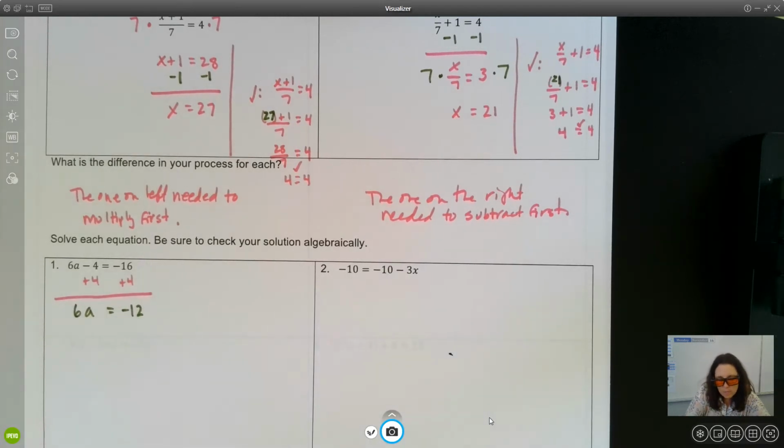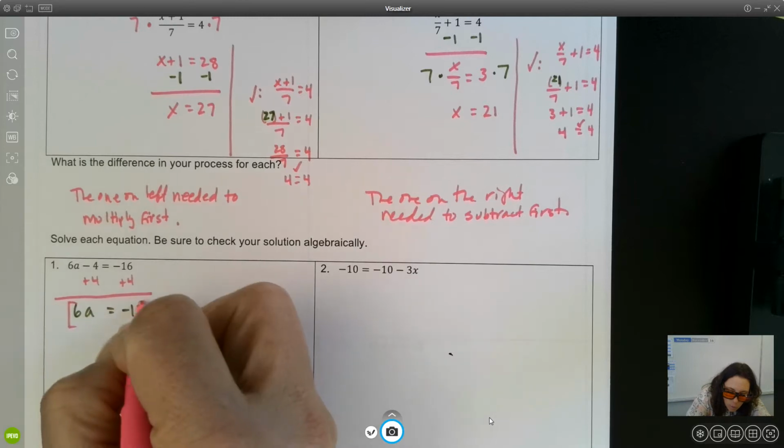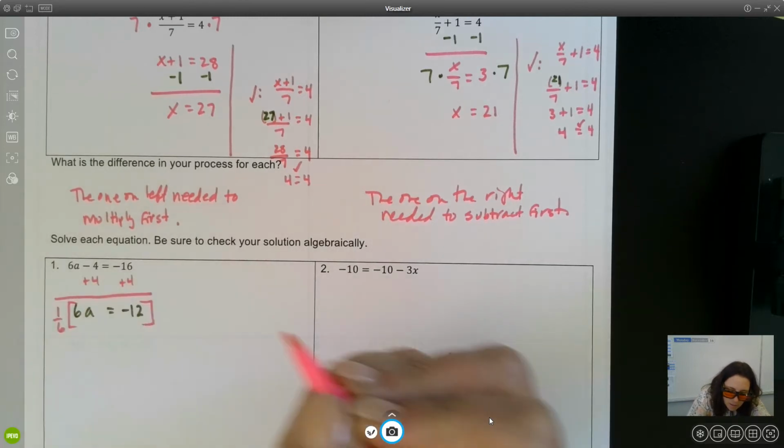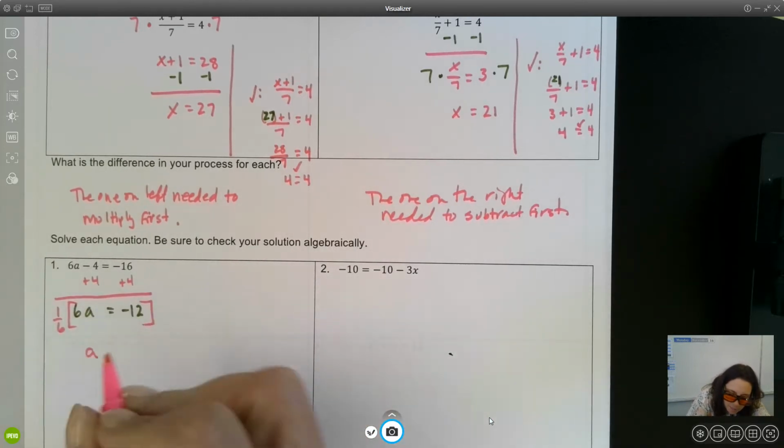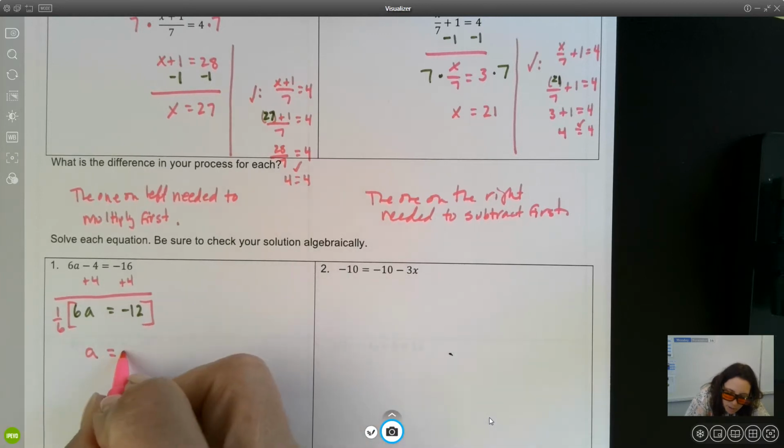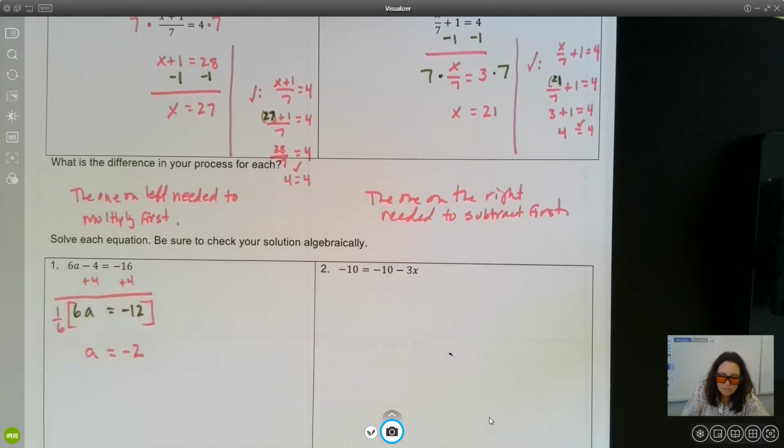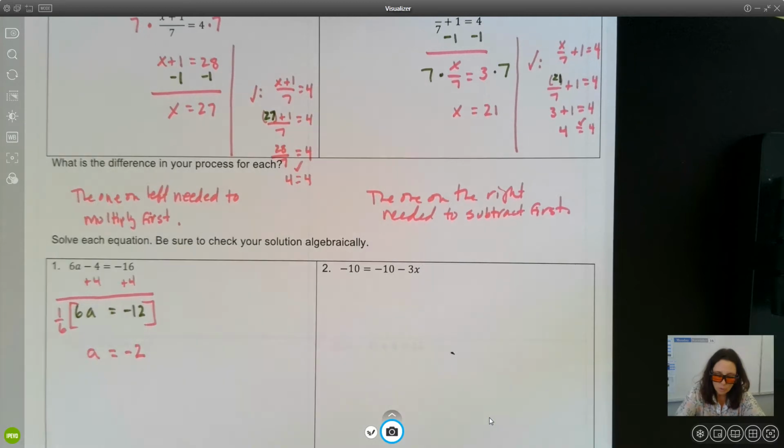Now a couple ways you can look at this. If a is being multiplied by 6, you could divide by 6, or you could take 1/6. Same thing. A equals 1/6 of negative 12 is negative 2.